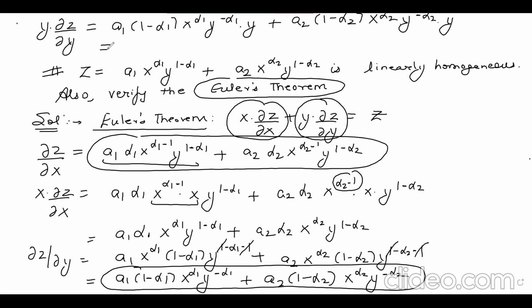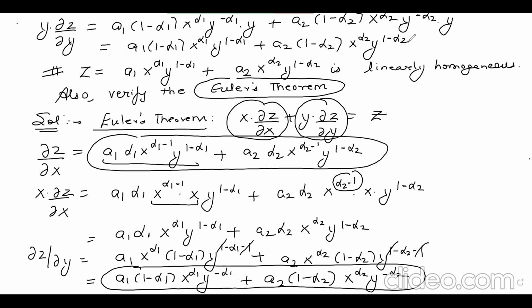So this is going to be a1, 1 minus alpha 1, x to the power alpha 1, and y into y to the power minus alpha 1 is y to the power 1 minus alpha 1, plus a2, 1 minus alpha 2, x to the power alpha 2, y to the power 1 minus alpha 2. This is what I get as y times del z by del y.